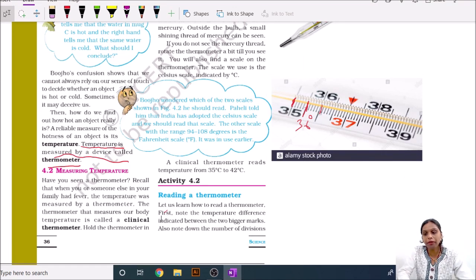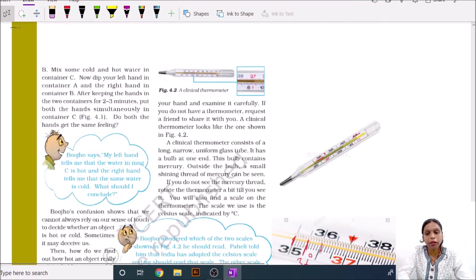In this chapter we will study different types of thermometer, such as clinical thermometer, laboratory thermometer, and the maximum-minimum measuring device named the maxima minima thermometer. First, the first type of thermometer we consider is the clinical thermometer.